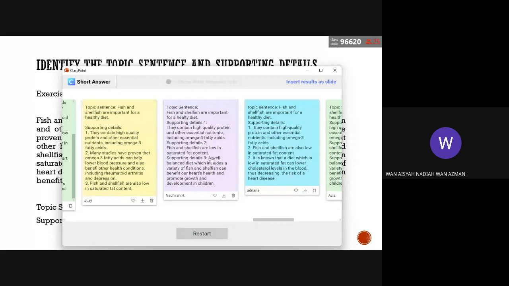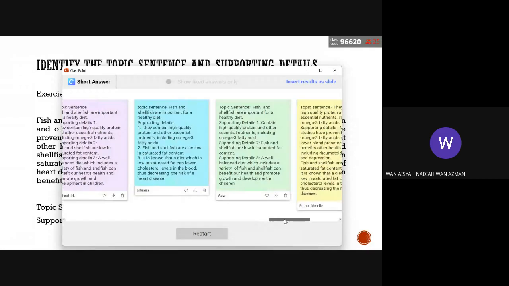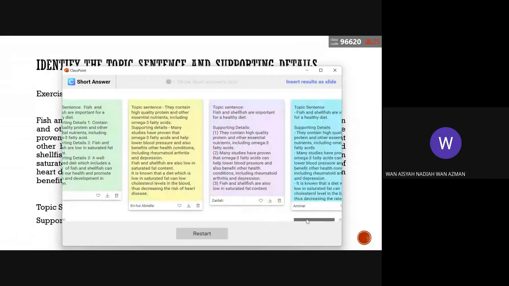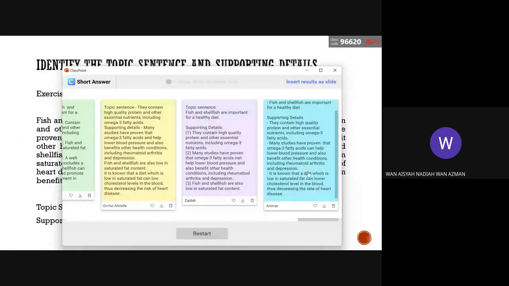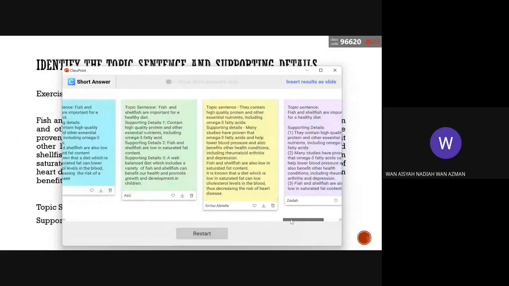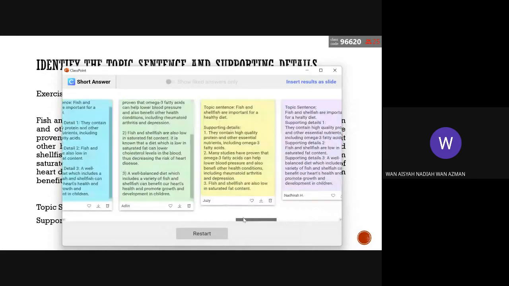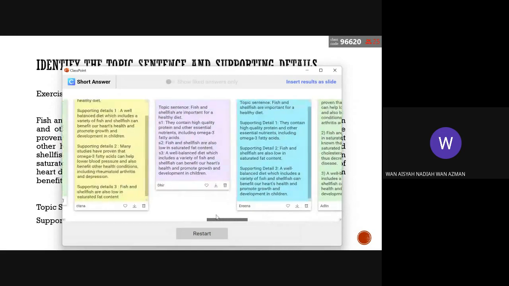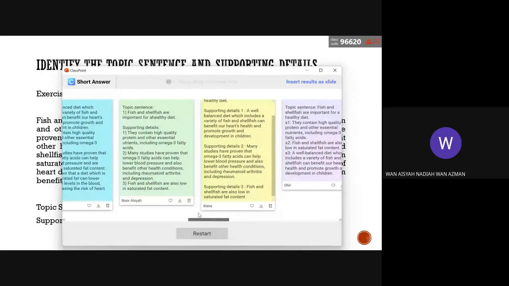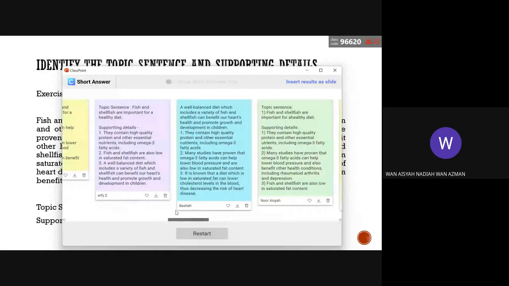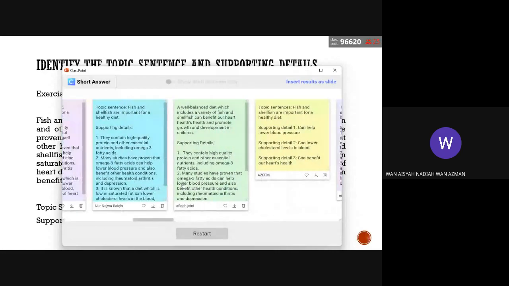That would be your third supporting detail. Okay. All right. So some of you did a good job. You did mention the correct supporting details. Okay. Well done.